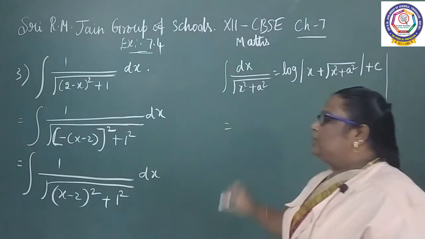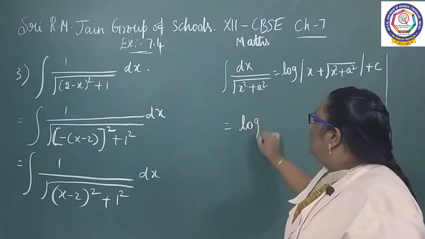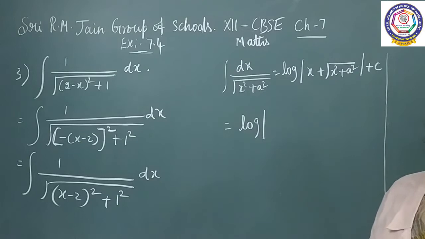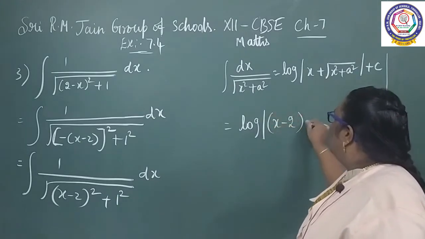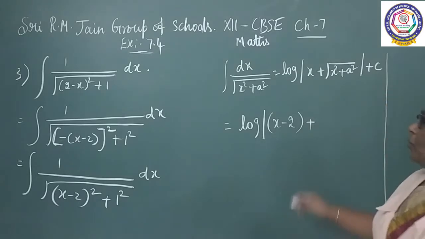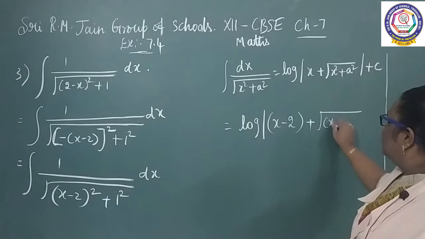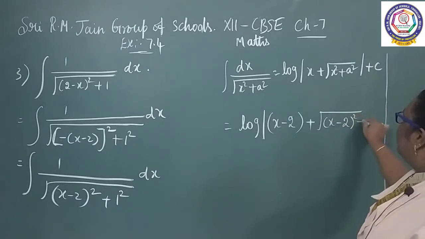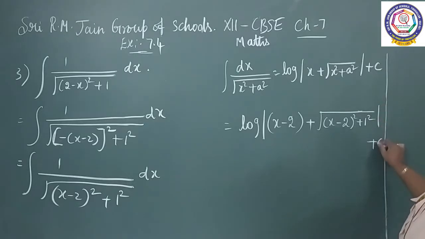So it gives log of modulus of x minus 2 plus root of (x minus 2) the whole square plus 1 square, plus c.